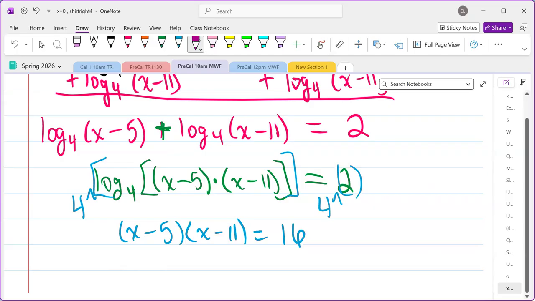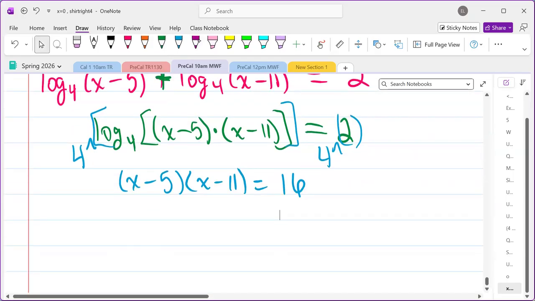Now, at this step, it is so tempting to be like, oh, I can just do x minus 5 equals 16 or x minus 11 equals 16. No, that is not the way solving quadratics works. We can only set the binomials equal to 0. Now, this does not mean do x minus 5 equals 0 and x minus 11 equals 0. We can only do that when the other side of the equation is 0. Right now, that 16 is a big problem. So we need to multiply these two things out and then subtract the 16 over so it's equal to 0.